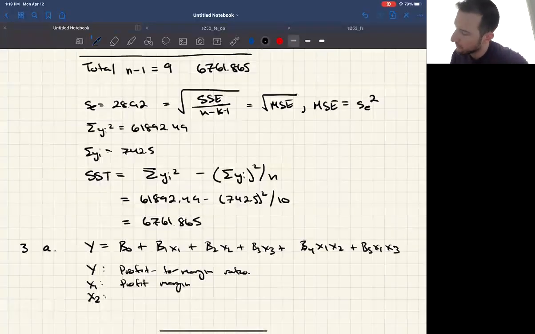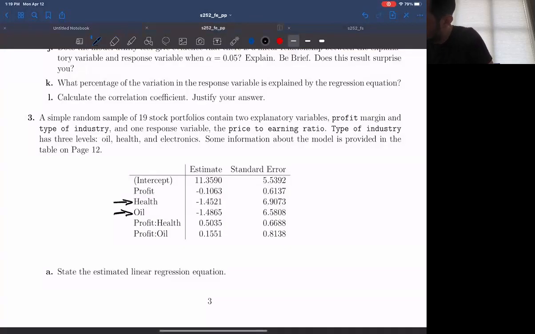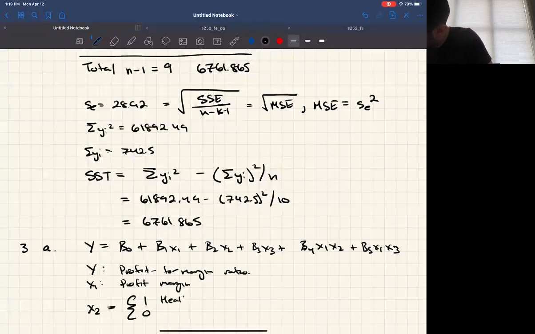So X2 is going to have the following form. It's going to look something like this. Okay, so 1 if health, 0 if electronics, and X3 is going to be, oh, sorry, 1 if oil, 0 if electronics.